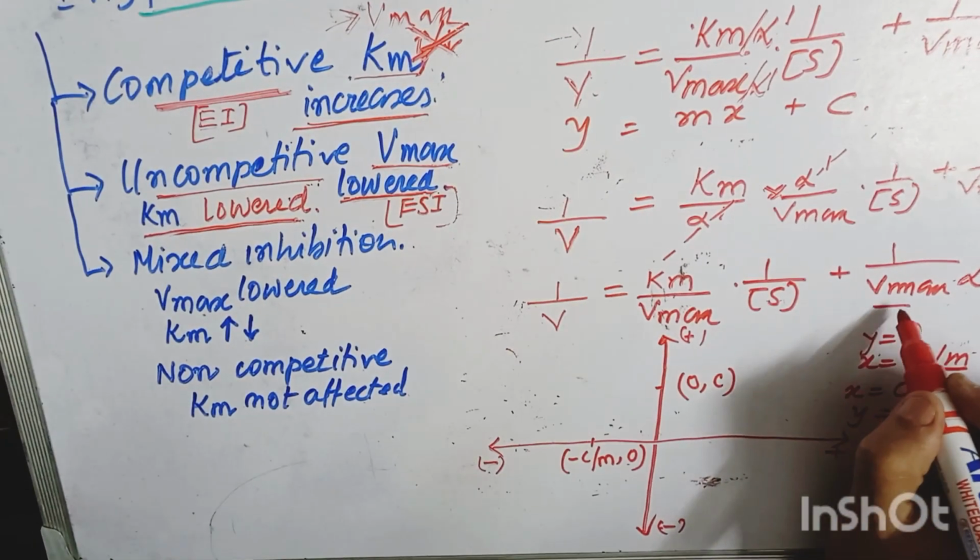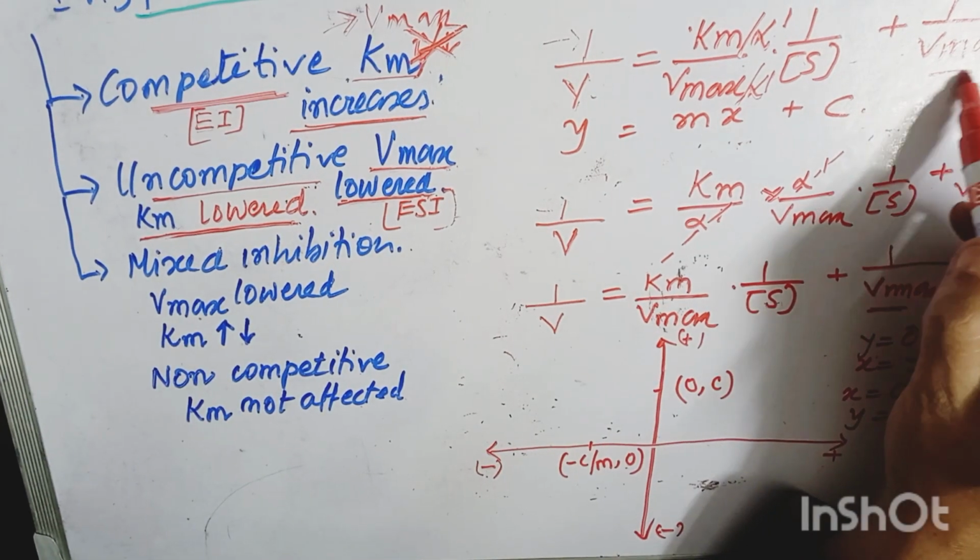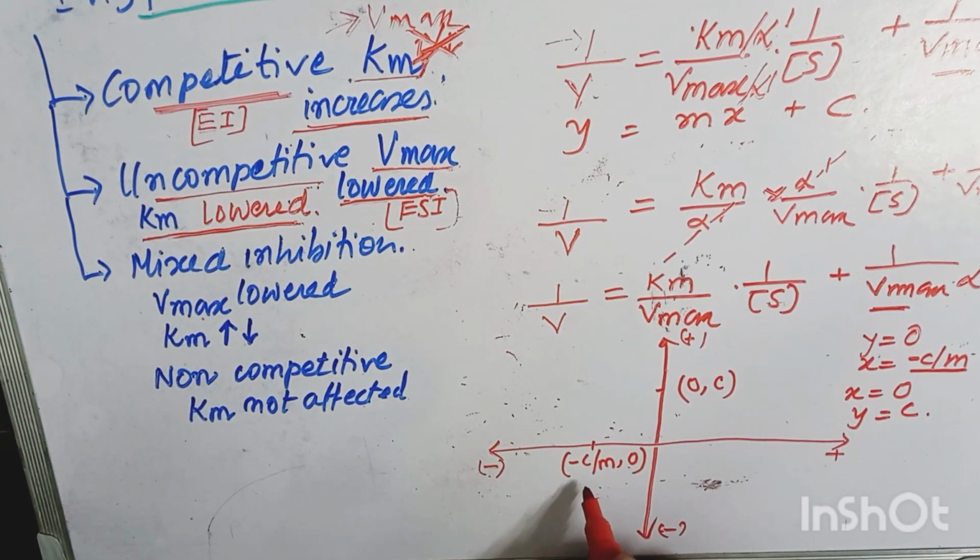So what is c? C is 1 by v max from the original equation, and m is km by v max. So what is minus c by m?